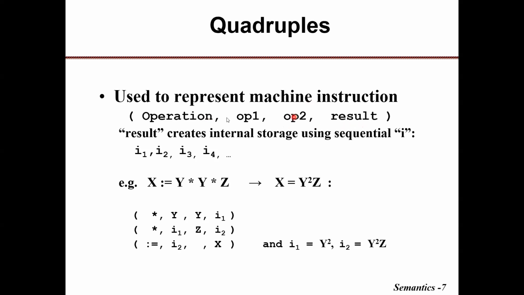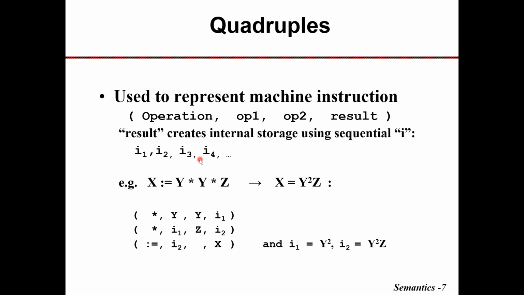All right, so to help us understand, we created this little sequence here where we can take a look at this particular assignment, which also has two multiply operations. So x is going to get y squared times z is basically what we're trying to do here. And we're going to look and see how we could use a quad to actually generate machine instructions to perform that work.